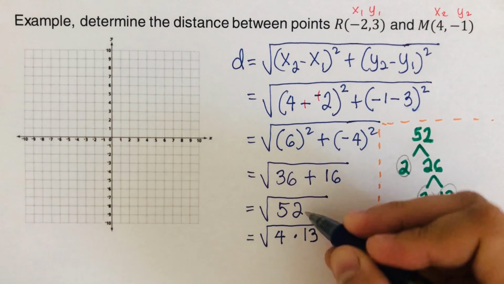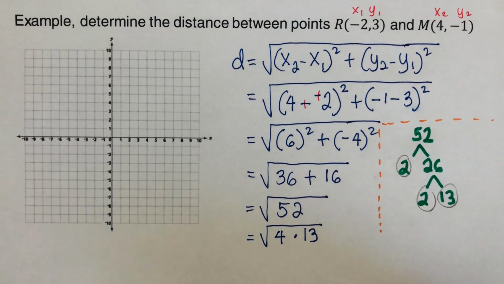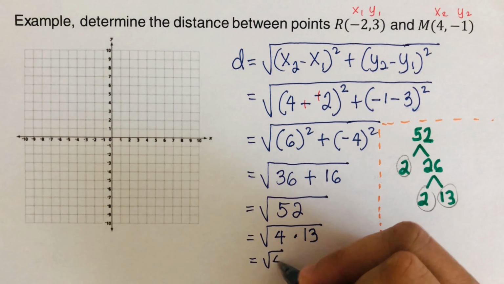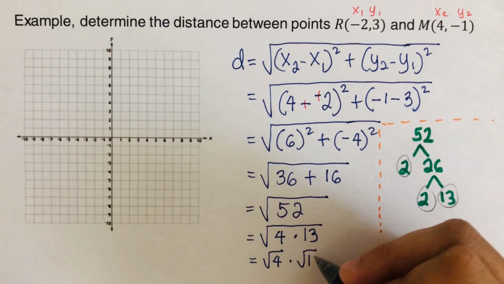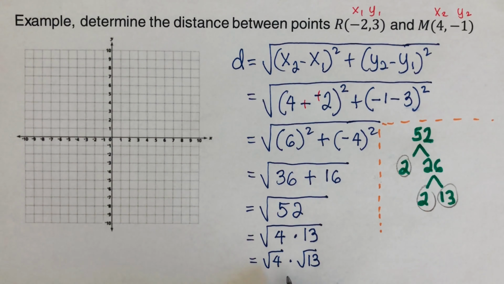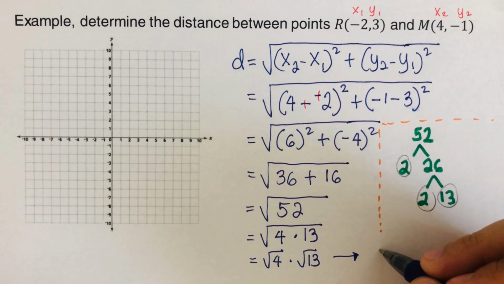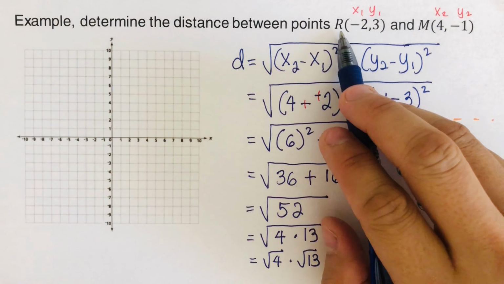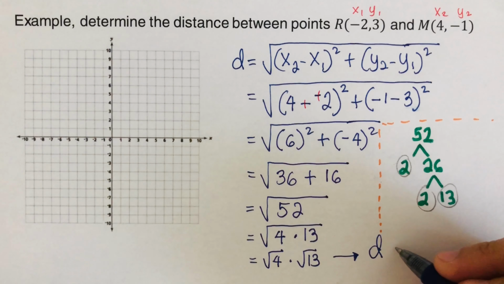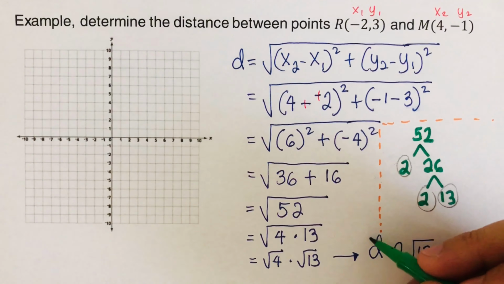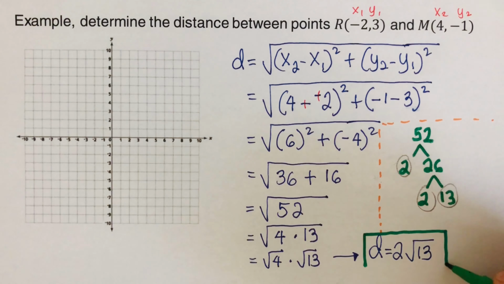So 4 times 13 is 52. Now, if we break this down, we can say the square root of 4 times the square root of 13. And then we know that the square root of 4 is 2. So then we can say that the distance between point R and M is actually 2 square root of 13. So this is the distance between these 2 points.